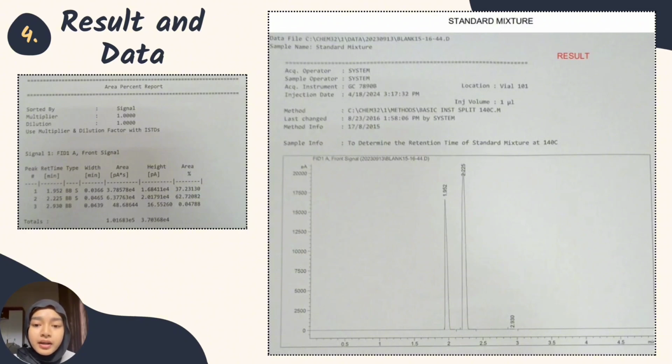The peak at 2.930 minutes is very small, indicating that this compound is present only in a trace amount. Overall, the chromatogram demonstrates faster elution compared to lower temperatures, with clear peak separation and well-defined retention times for identifying the components of the standard mixture.